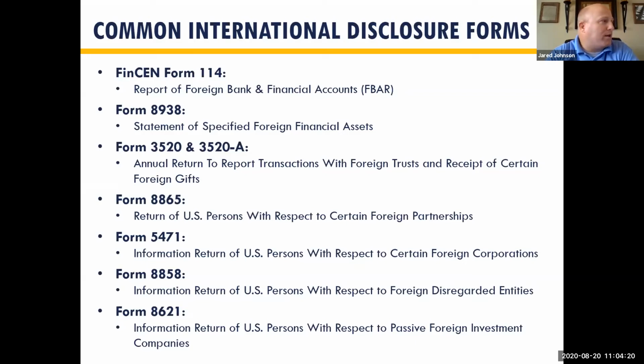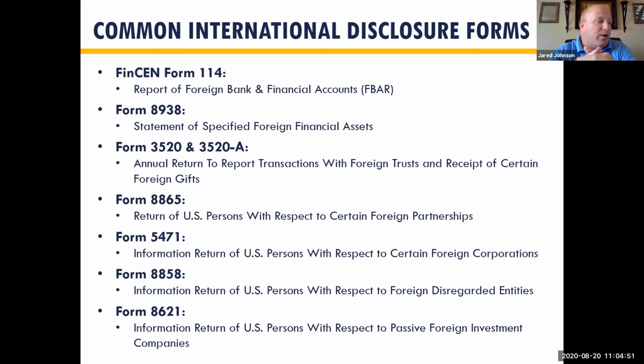We will talk about these international disclosure forms first and foremost. So here's a list of them in summary. These are what I refer to as the most common international informational disclosure forms that the IRS has, and as you can see from this slide, there are some of the many. These are the forms that are required by the U.S. government.